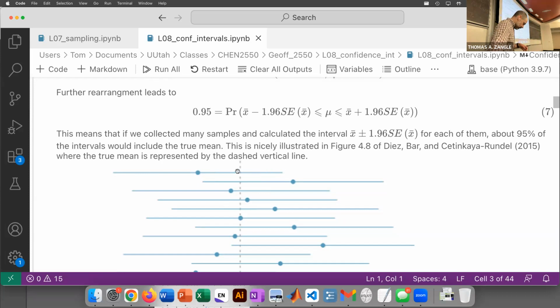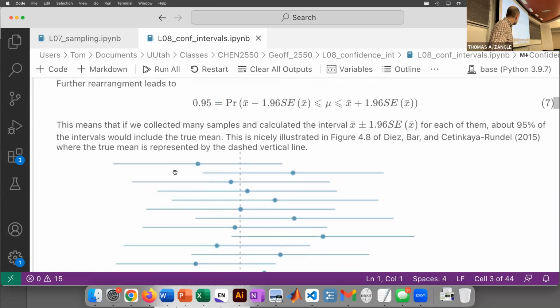What we find is that any given measurement that we make is not going to lie exactly on this line, because our sample mean is likely to be a little bit different from our overall population mean.